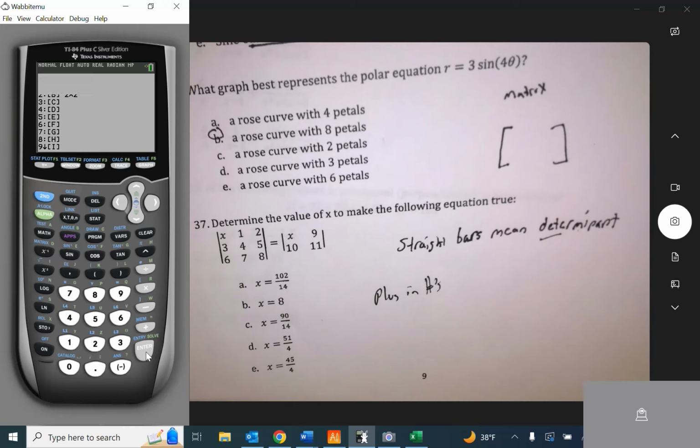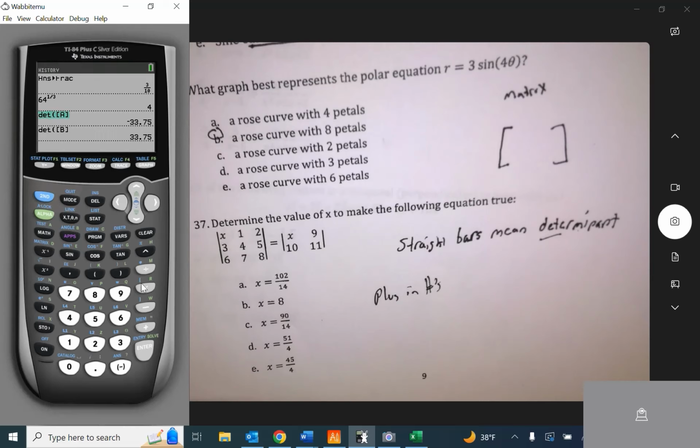Now let's try 51 over 4. I probably should check to make sure I didn't have any typos too. Alright.